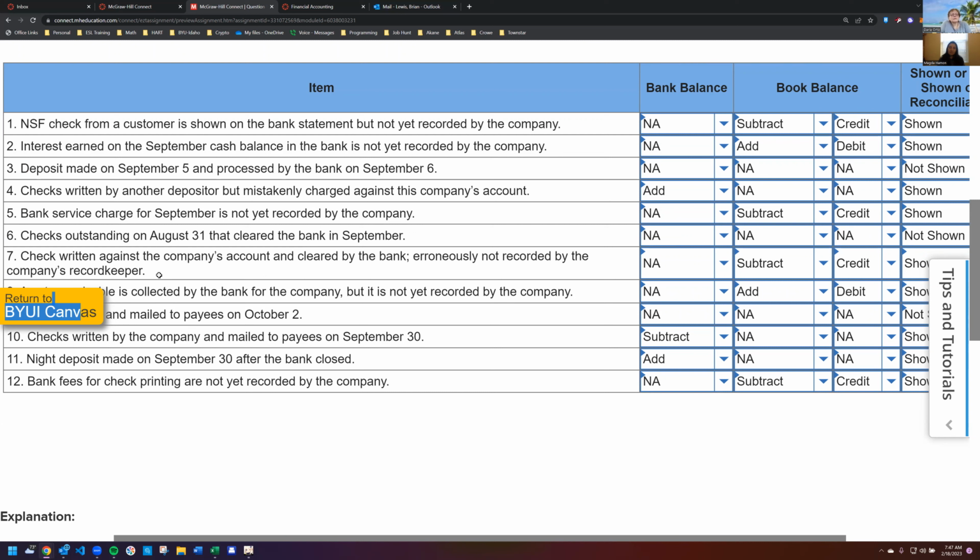So somebody manually did it instead of doing it in the system and never recorded it. So in that case, nothing to do on the bank side, because that's correct. What's not correct is the book side, because we didn't record it. So we have to record it. And since it's a check, it's an expense, a reduction in cash, it's going to be a subtraction. Did I get that right? Yep, subtract, credit, and it definitely shows.